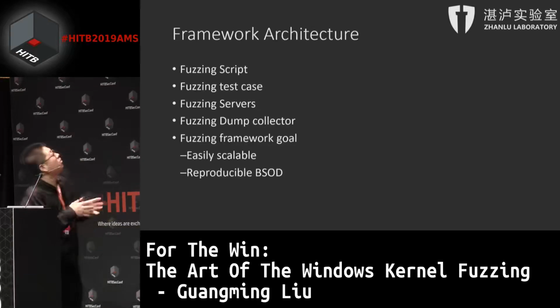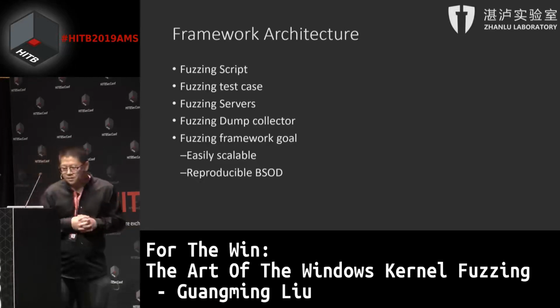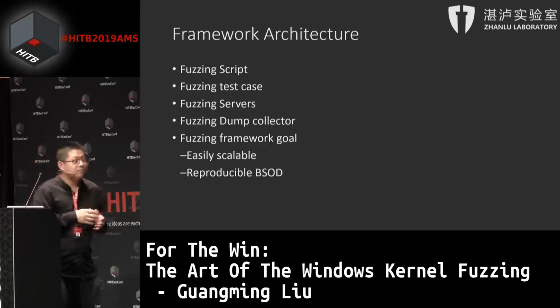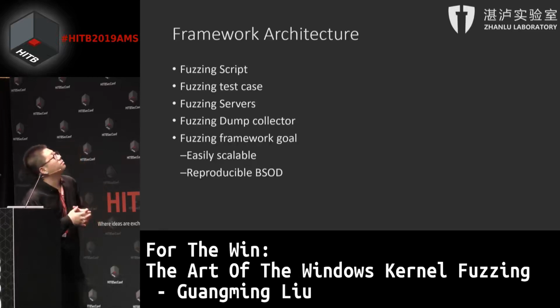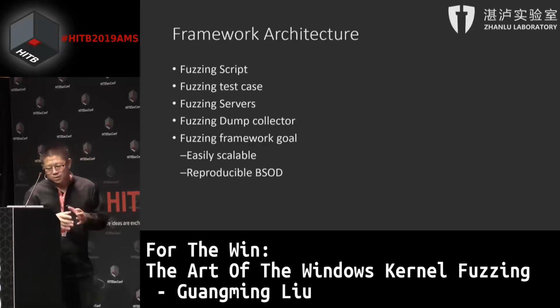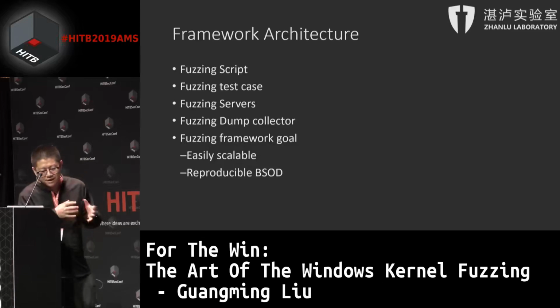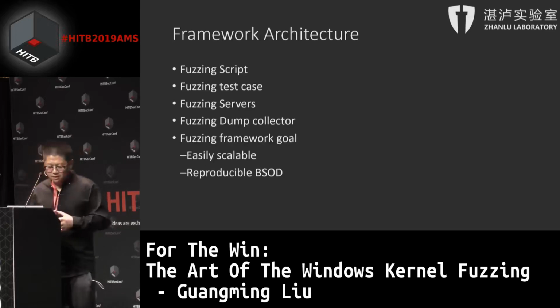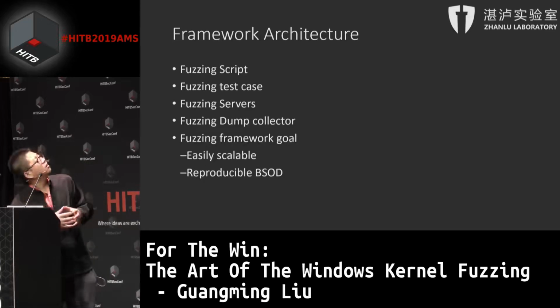This is a simple framework architecture. At first, we need a fuzzing script. My fuzzing framework is written in Python, not in C. We need to write Python scripts, and we need the test cases, a fuzzing server and the dump collector.